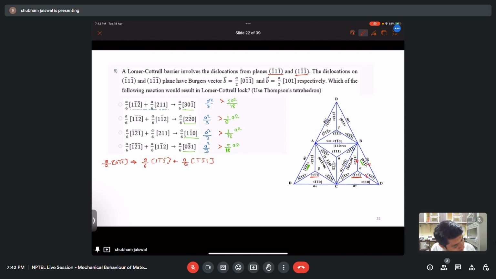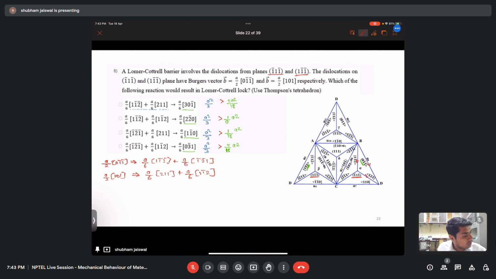Okay, and the second one, for [101], that is a/2 [101], we will get a/6 [211] plus a/6 [1 1 bar 2]. Okay, so these two reactions we will get.